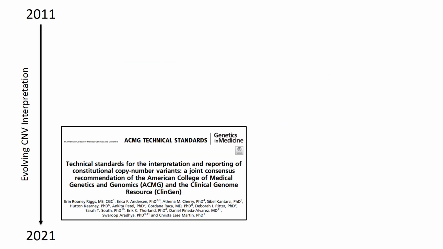In order to improve these processes, a collaborative working group of the American College of Medical Genetics and Genomics and ClinGen developed updated technical standards published in late 2019, which I'll be taking you through today.